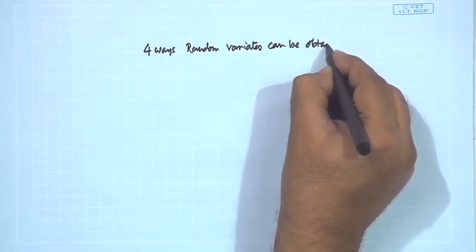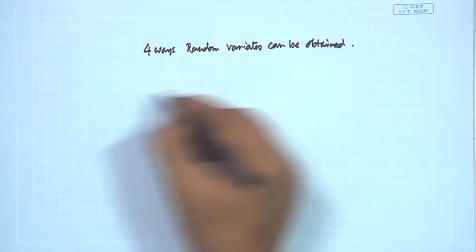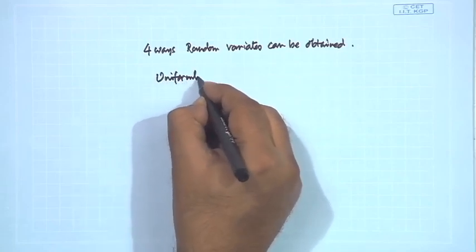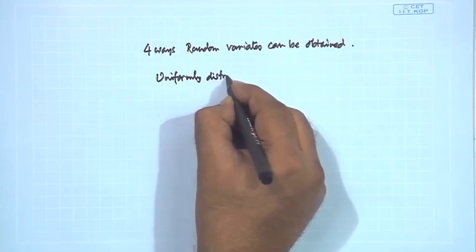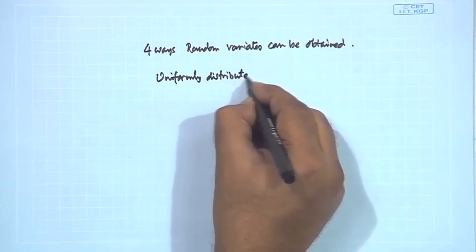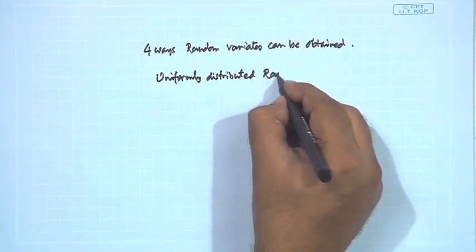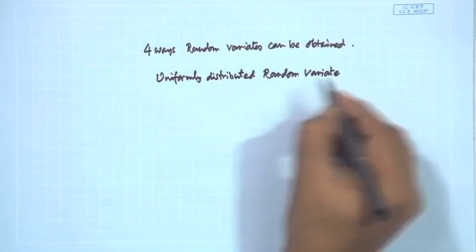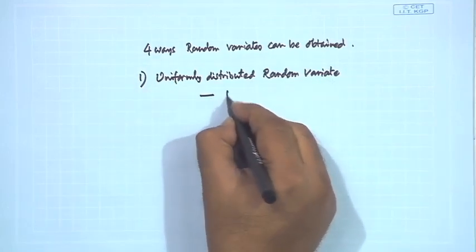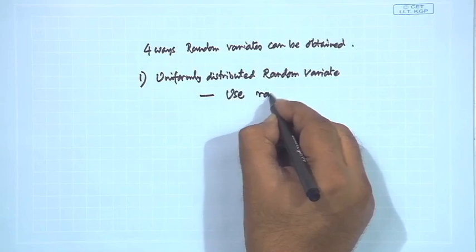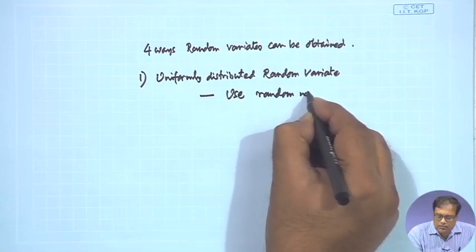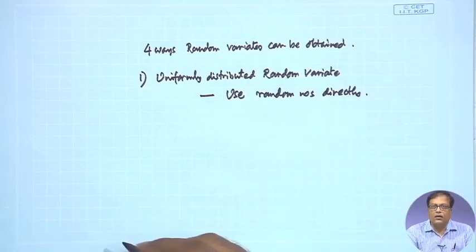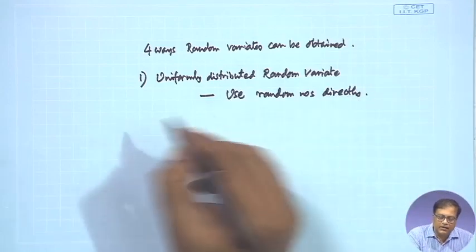If we want a uniformly distributed random variate, use random numbers directly, right, use random numbers directly.